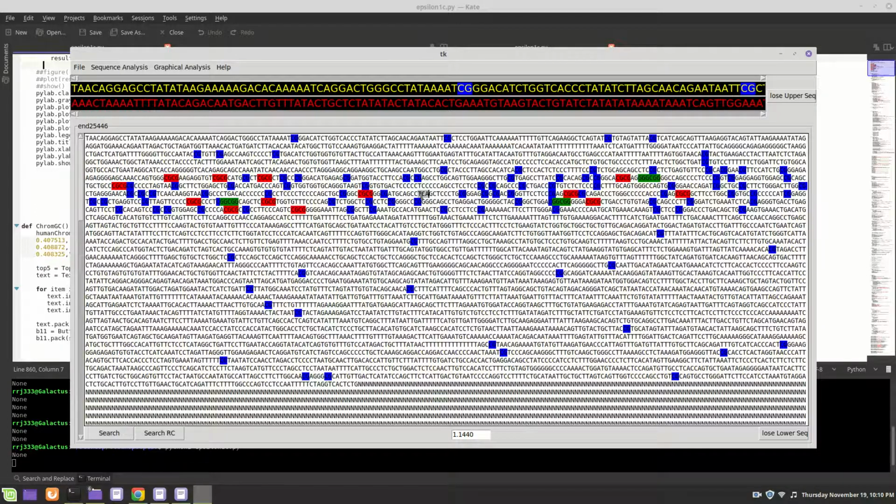GGC, and no GC boxes up here. 1,320. Kind of close. There's some G's and A, but there's no GC box. That's kind of close. GG. But nope.